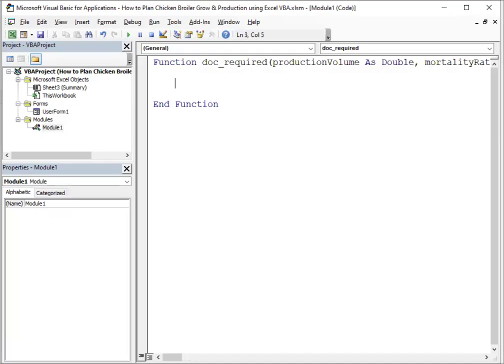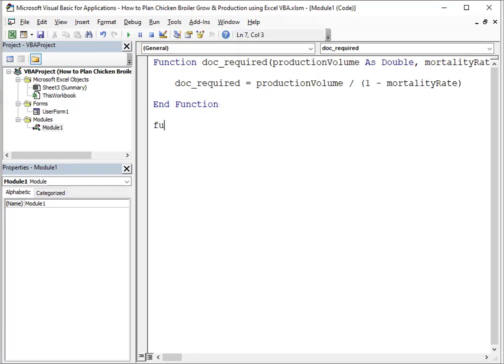So I'm going to get the equation for this, and it would be DOC underline required equals production volume divided by 1 minus mortality rate. Right? Then that's it. That would be our calculation or equation for this function, the DOC requirement.